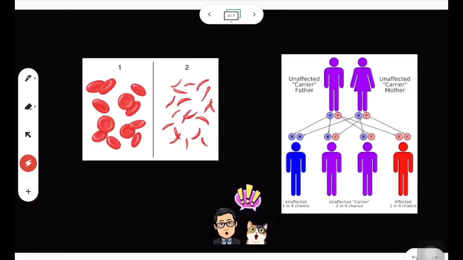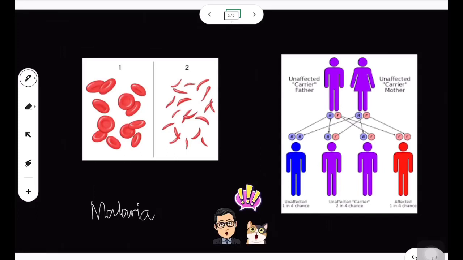Okay, so what is the advantage of having this heterozygous trait for sickle cell anemia? In a place where malaria is prevalent, you know that this is a serious and sometimes fatal disease caused by a parasite that commonly infects a certain type of mosquito which feeds on humans.